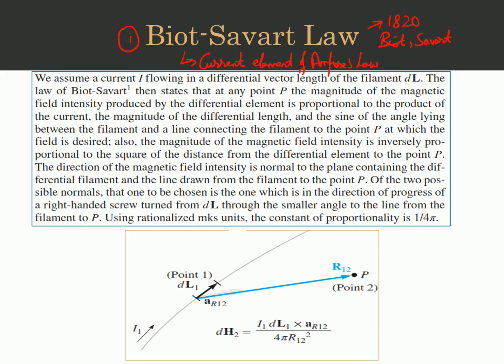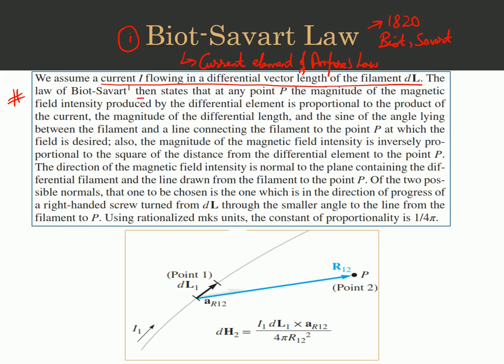So what this law is, let us first look into this definition of this law and then we'll understand it numerically. So the definition is a huge one. It's a mouthful, as they say, almost reaching 150 words. But we say that let us assume a current is flowing in a differential vector element length on a filament represented by dl.